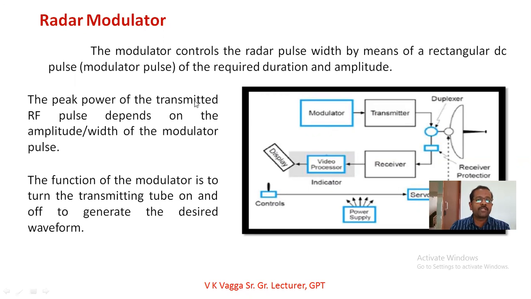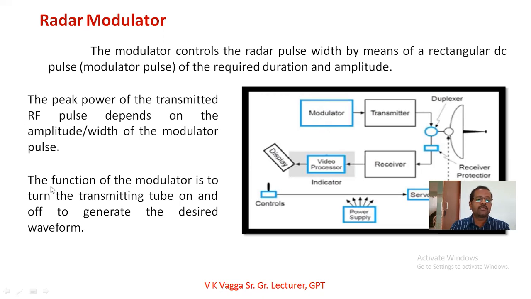So the peak power of the transmitted RF pulse depends on the amplitude and the width of the modulator pulse. If the power amplifier unexpectedly increases its amplitude, the modulator will decrease its amplitude by decreasing its on period. In the same way, if there is an unexpected decrease in the amplitude of the RF signal from the power amplifier, the modulator will increase the on time of the width, and it increases the amplitude of the RF signal. In this way, the peak power of the transmitted RF pulse depends on the amplitude and the width of the modulator pulse.